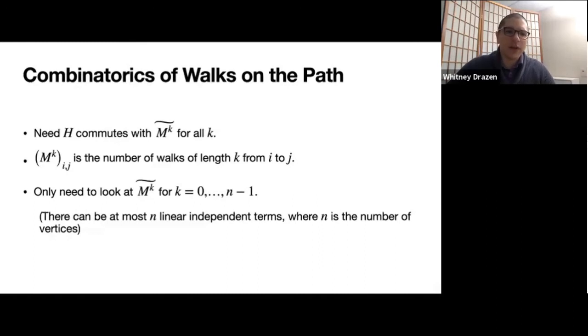So we need this for all k, but really we only need to look at k from 0 to n minus 1, and that's because we can have at most n linearly independent terms in our set of restrictions of M to the k. And this is because we have only at most n idempotents, and all of these M to the k are linear combinations of these idempotents.